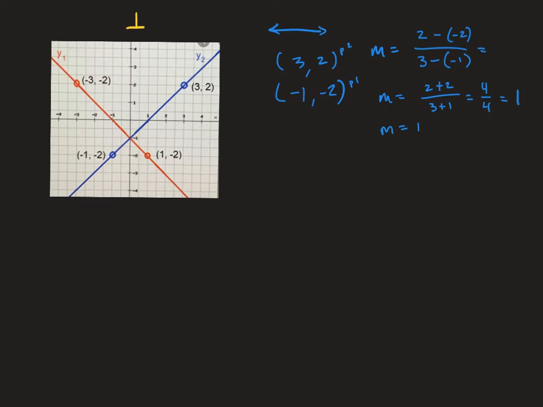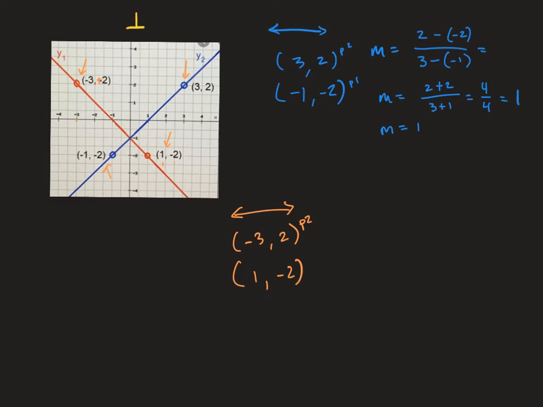Now for the red line, I'm probably going to need to make some adjustments. Let's look at this point right here. That point is actually negative 3, positive 2, and this point down here is 1, negative 2. Let's go back and double check that one. This line gives us negative 3, 2, and also 1, negative 2.